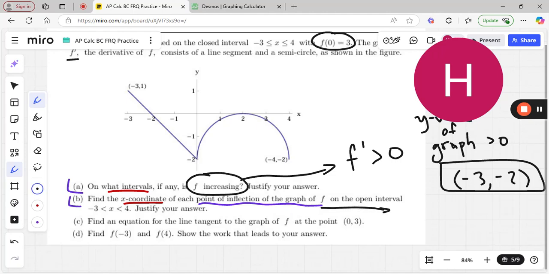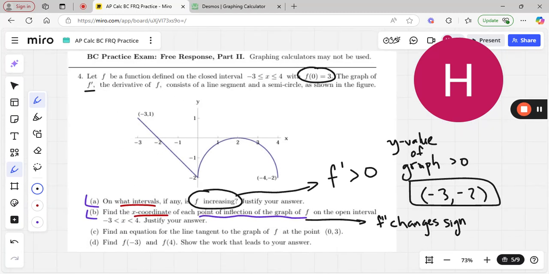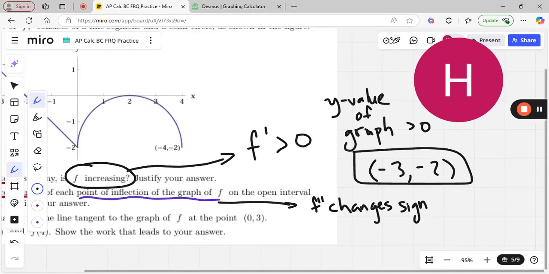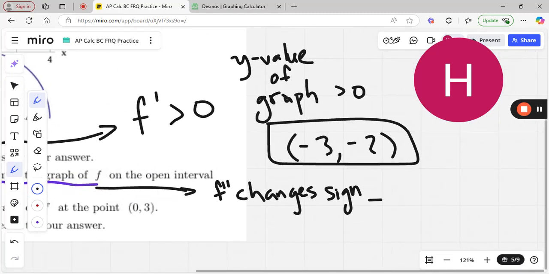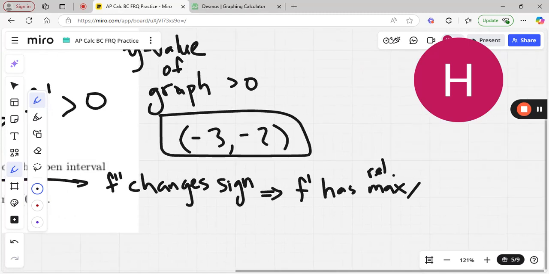Okay, well, first we need to say that a point of inflection happens when f double prime changes sign. Okay, which means that f prime has a maximum or a minimum, a relative max or a relative minimum.